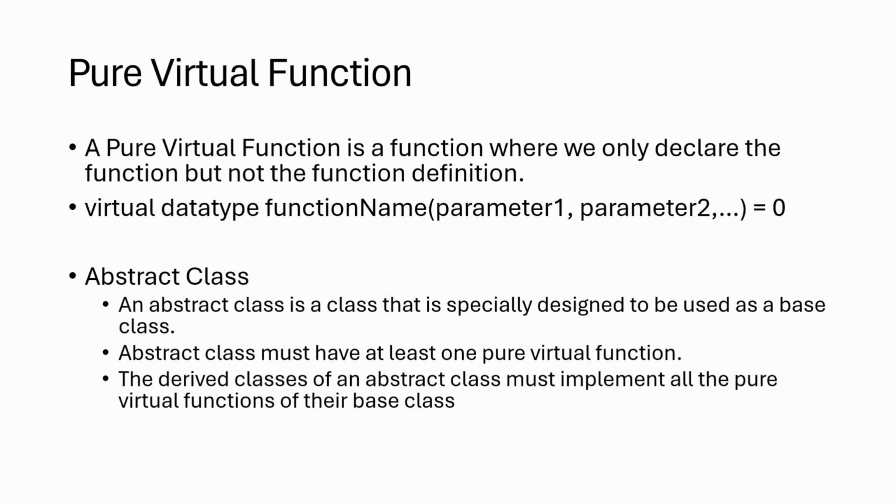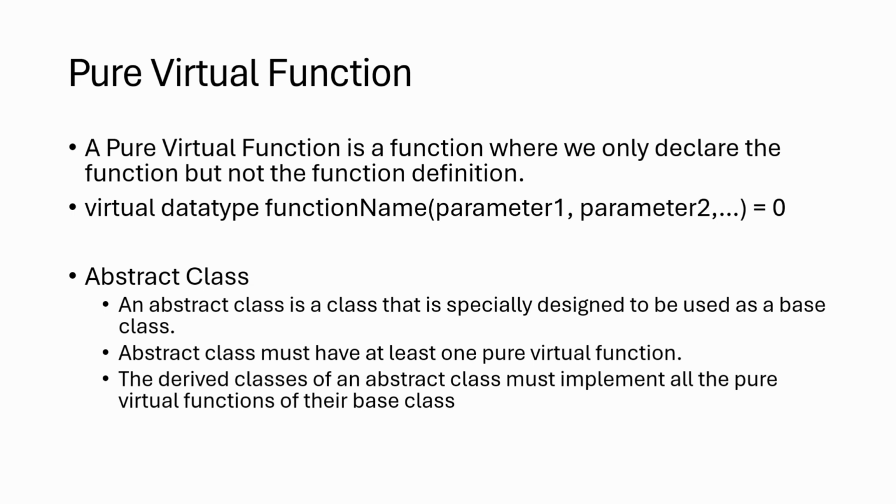Some of the key things with abstract class you should know is what will make a class abstract. An abstract class is a class that's specifically designed to be used as a base class. That should be quite obvious, right? Because since it has a pure virtual function, if you compile it by itself, or try to run it and use it, the compiler is not going to know the implementation of it.